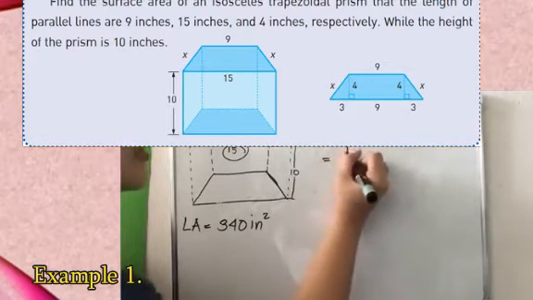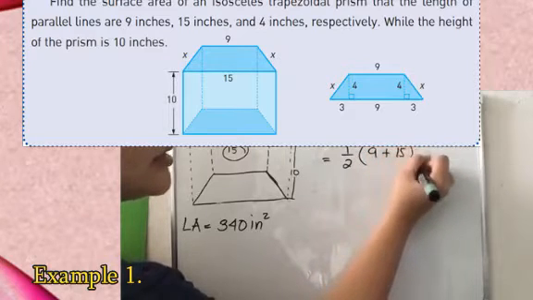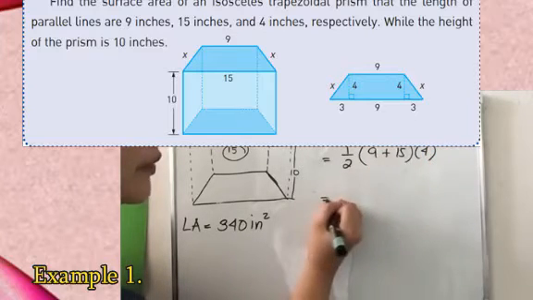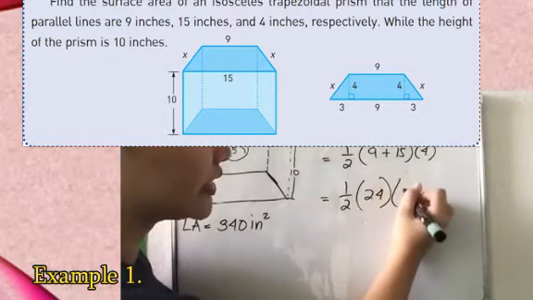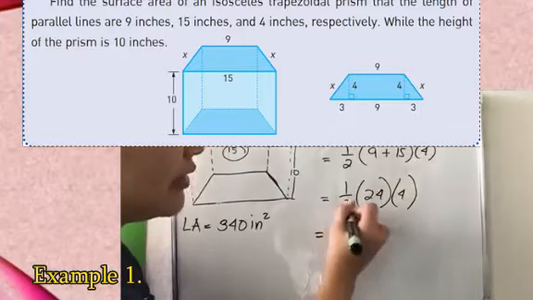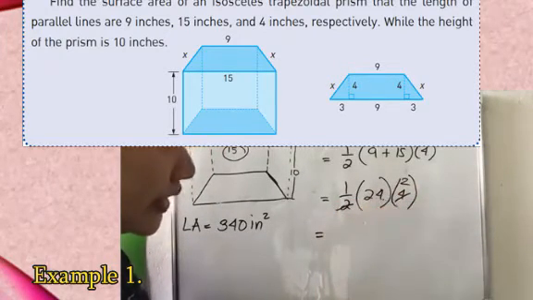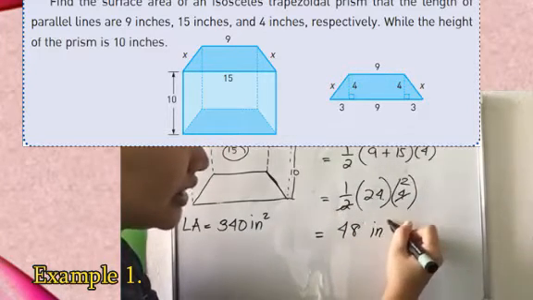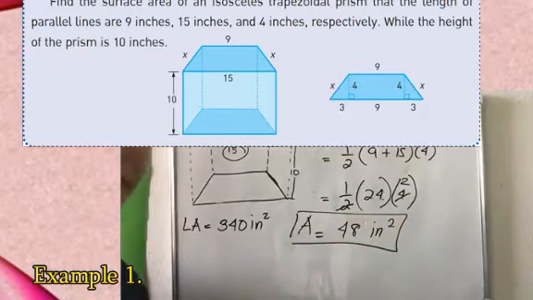So we have 1/2 times 9 plus 15 times the height, which is 4. Half of 4 is 2, and 2 times 24 is equal to 48 inches squared.